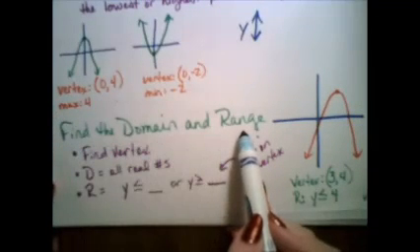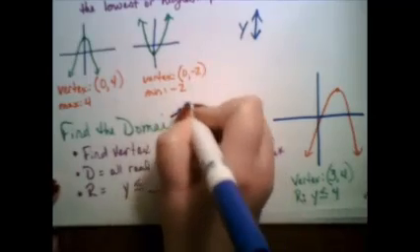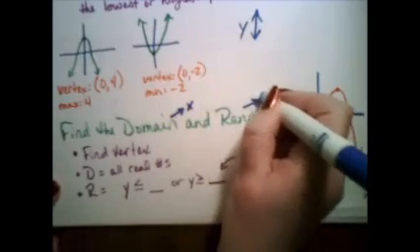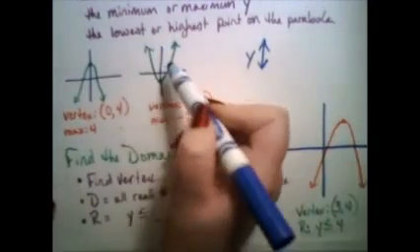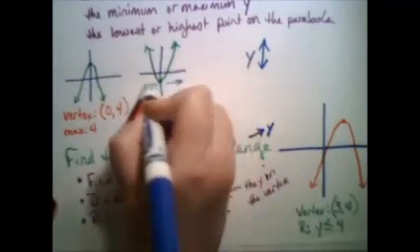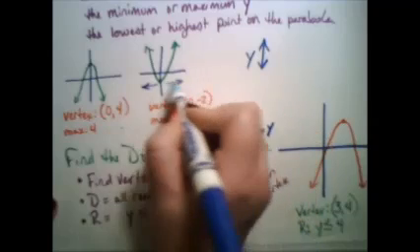So the next set of questions this chapter is going to ask you is to find the domain and the range. Now remember, domain is the x and range is the y. And domain, when you're looking at a graph like this, domain is going out like this, the x's.